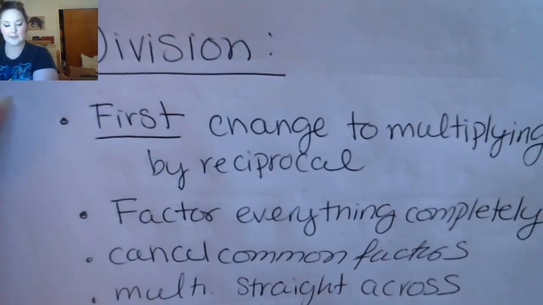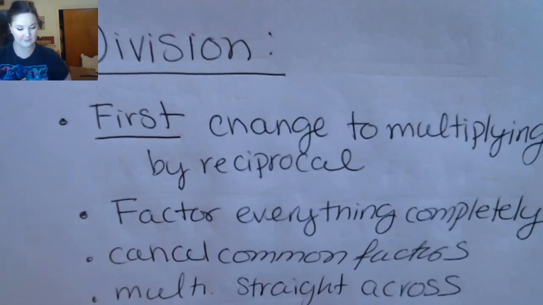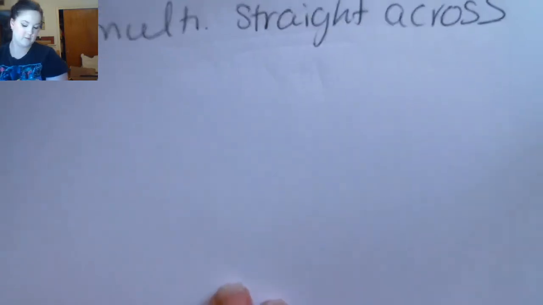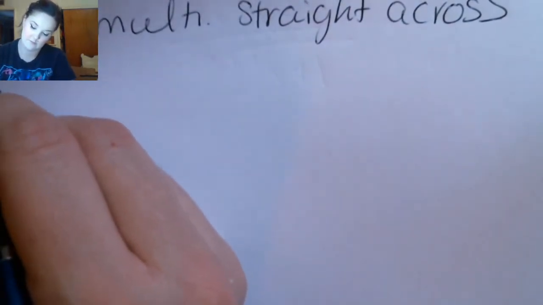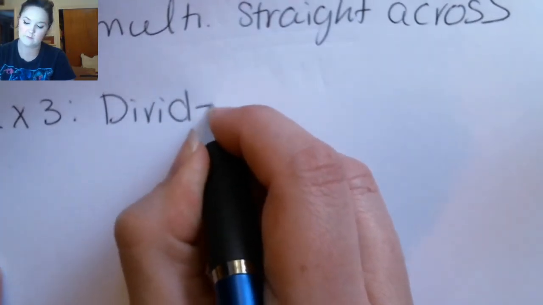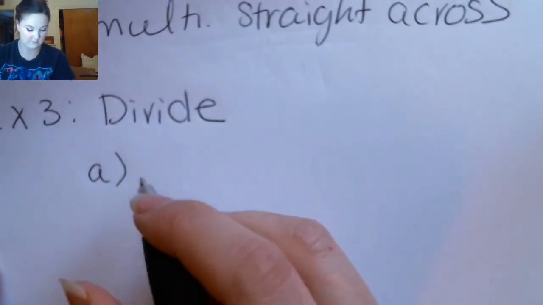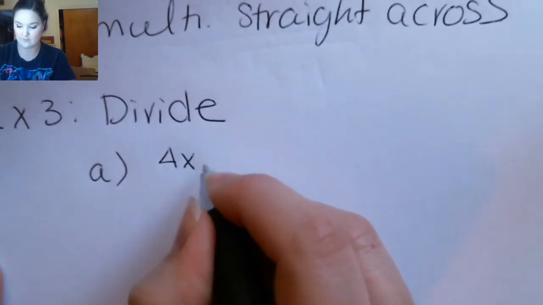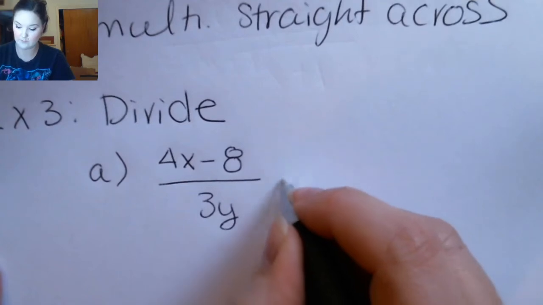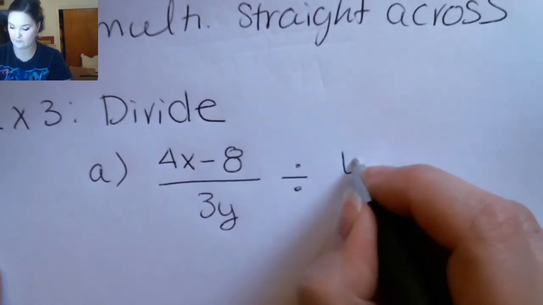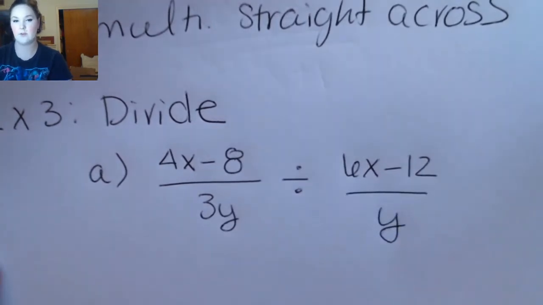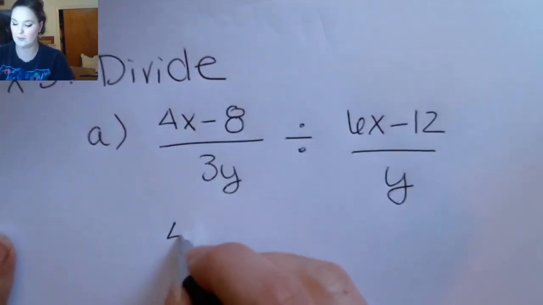All right, let's see an example. The first thing we're going to do is change to multiplying by the reciprocal.